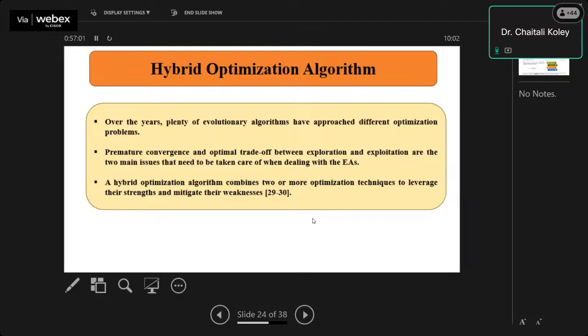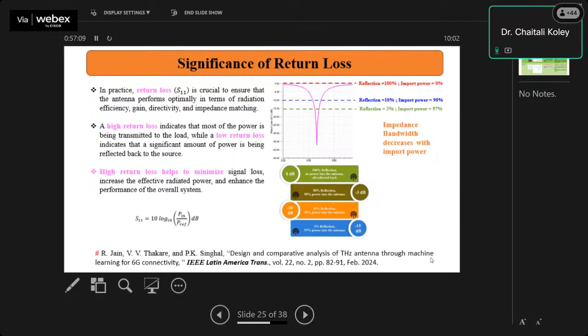It mitigates their weaknesses and can get a better result. So these are all the optimization techniques used in antenna design.